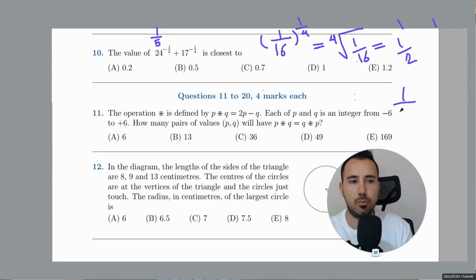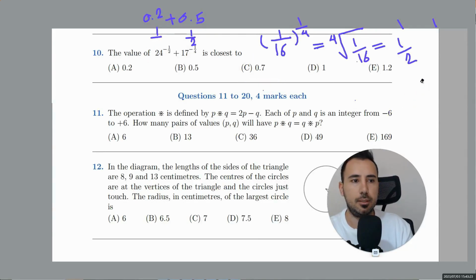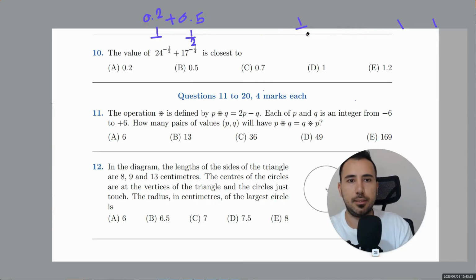In case you wonder, 1 over 2 to the power of 4 is, of course, 1 over 16. So here is going to be 1 over 2. But you see that the options are decimal values. This is equal to 0.2, 0.5, addition of them, 0.7. So let's do something.